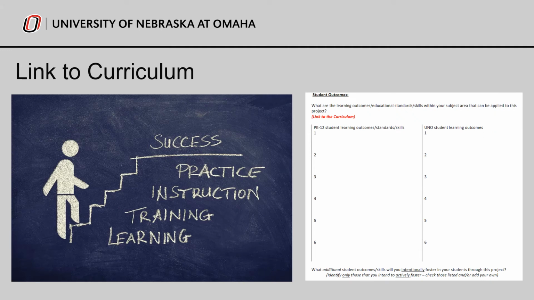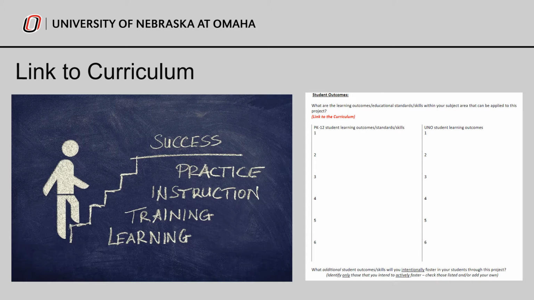On the next page, we will speak about link to curriculum. This is where you will identify the learning outcomes, educational standards, and skills you wish your students can apply relating to this project. On the left-hand side, P12 teachers will complete their student outcomes.